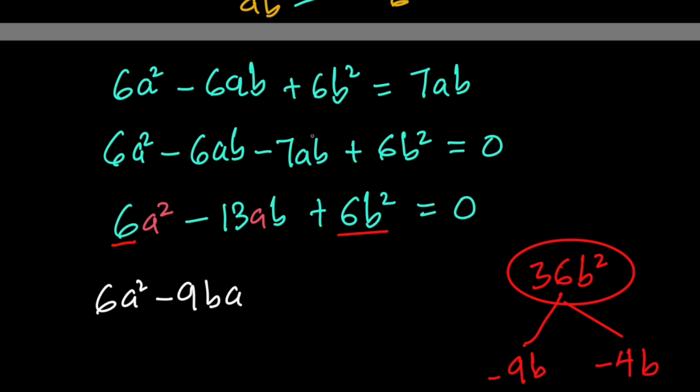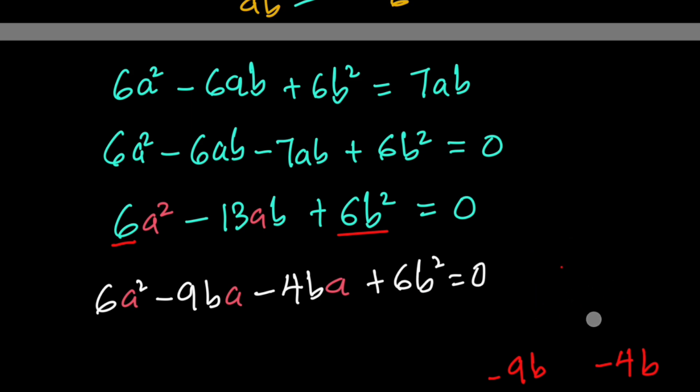So let me go ahead and then highlight that real quick. So a is the variable. Then next we are getting negative 4ba, where a is also the variable, and then we are left with positive 6b squared, and this is for sure equal to 0.